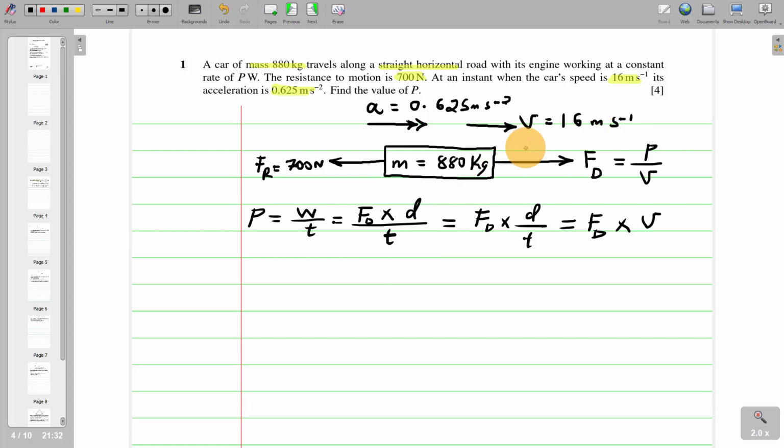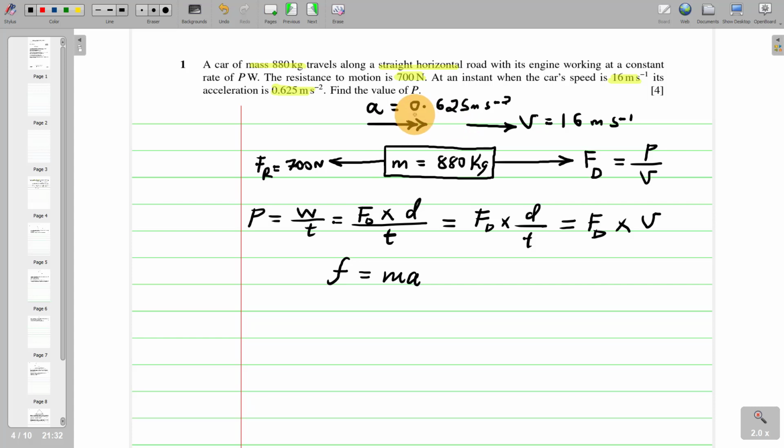So when we are told that an object is accelerating, then we should know that there is a resultant force acting on it according to Newton's second law of motion. F is equals to ma. This is the resultant force which is acting on that object. Number two, we go back here and try to find out, is the acceleration of the object given?